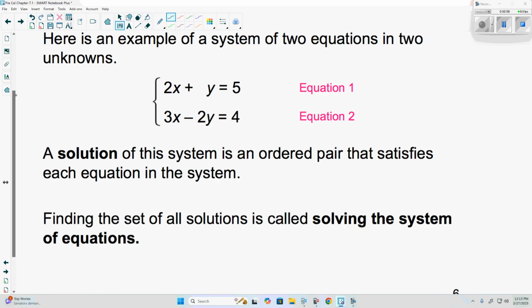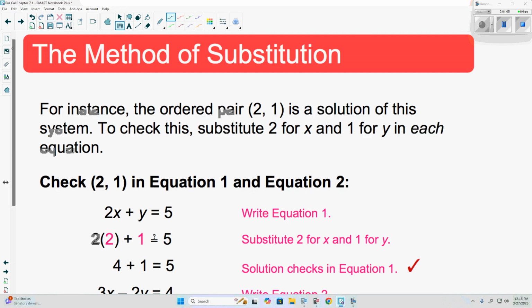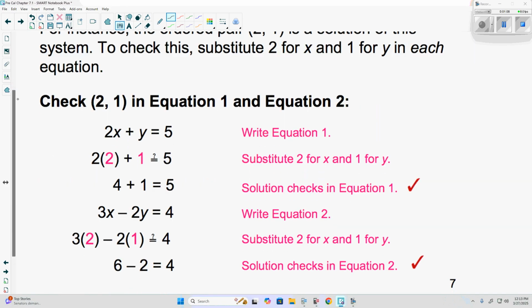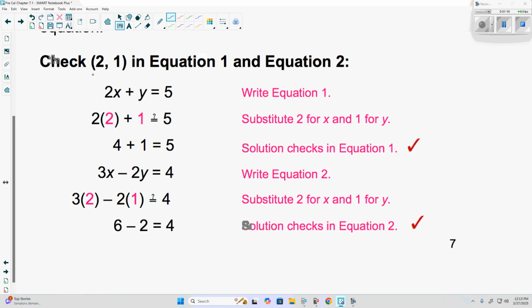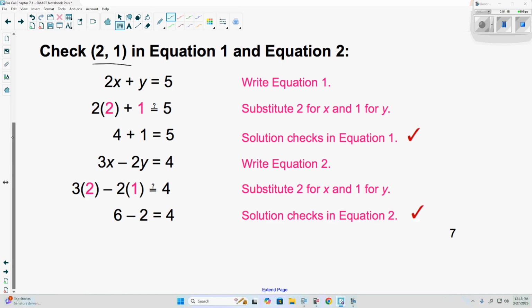Now, a solution of this system is an ordered pair that satisfies each equation, makes both equations true. So, for instance, the ordered pair (2, 1) is a solution. If we take the point (2, 1) and plug it back in for x and y, we get 2 times 2 plus 1. 4 plus 1 equals 5, so yes, it works for the first equation.